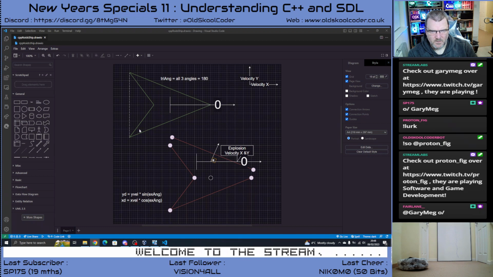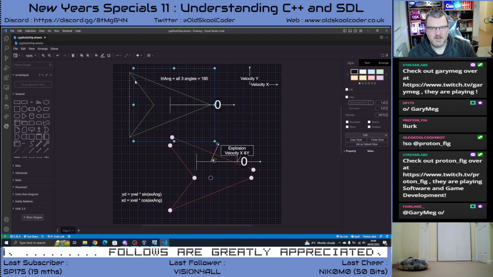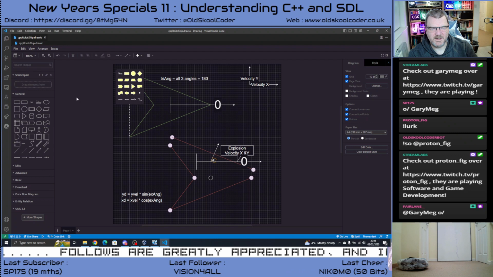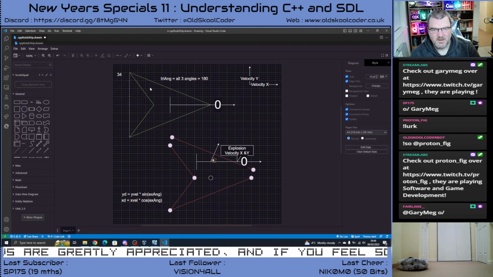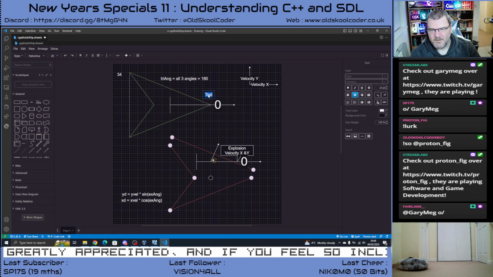Which then, if you halve it, 34. That would make that angle 34. So let's just make some notes here. So we think that that's 34, and we think this is a 45 degree angle.